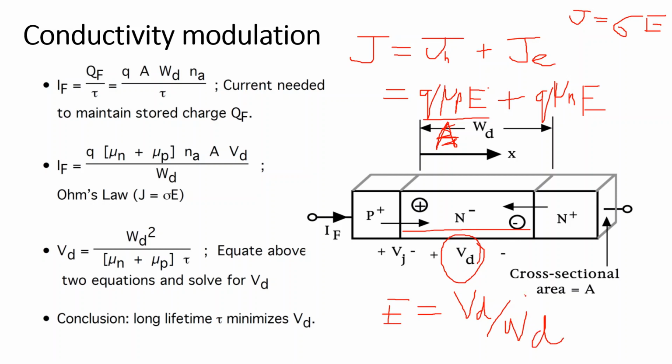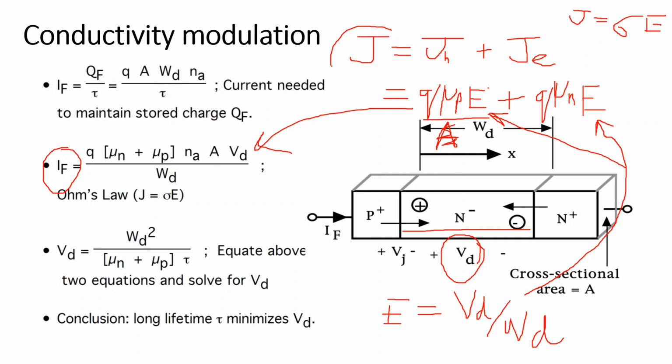So you just put this value of electric field here and here, and you will get this expression, right? Since we are here talking about total current, and here it is current density, we also have to multiply it by the area. Okay, so I hope it is clear. If it is not clear, then please write down in the comment section below. I will try to answer your queries.